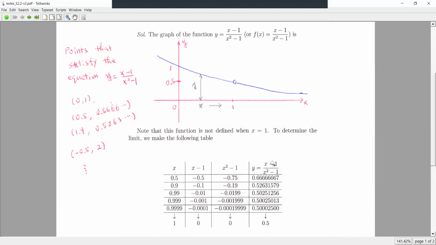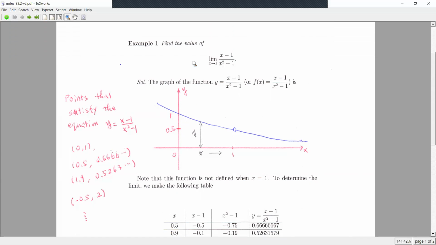From the last column, we can see that the value of y is approaching 0.5. So 0.5 is the limit of the function as x approaches 1. So this limit is equal to 0.5.